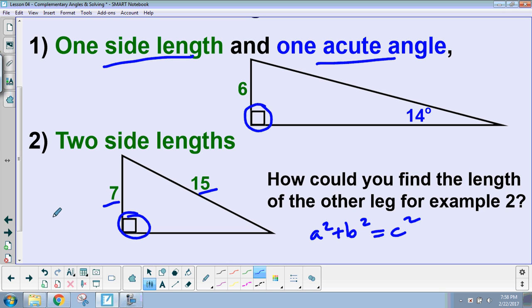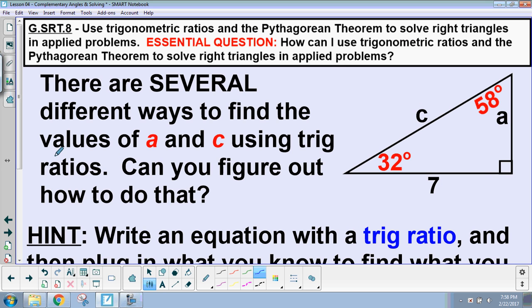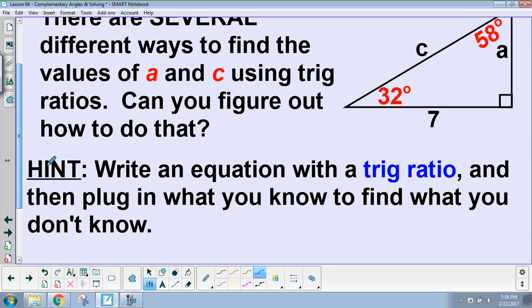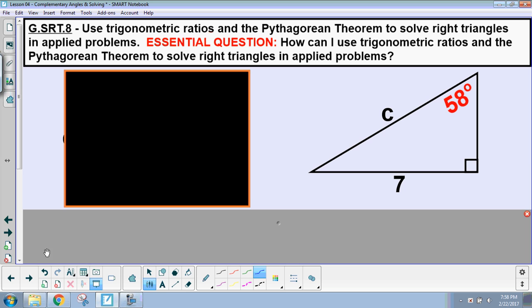Anyway, there are several different ways to find the values of A and C using trig ratios. Can you figure out how to do that? Hint: write an equation with the trig ratio and then plug in what you know to find what you don't know. Again, that's algebra. Let's look at an example. You have 58 degrees.